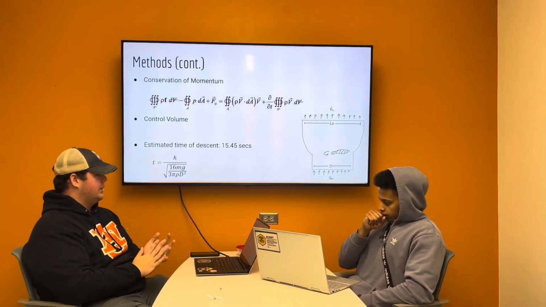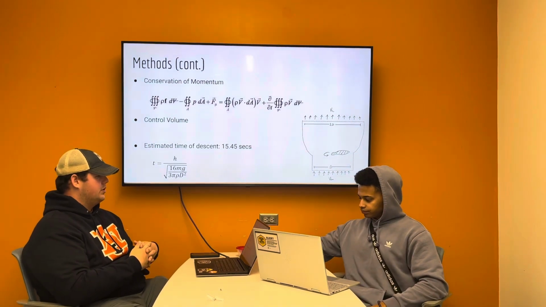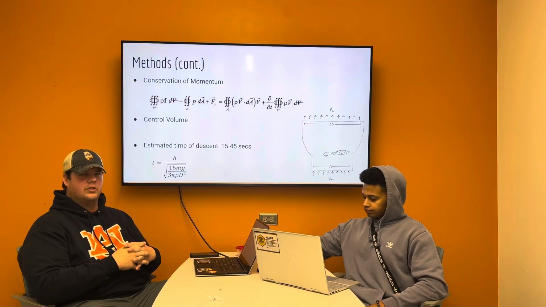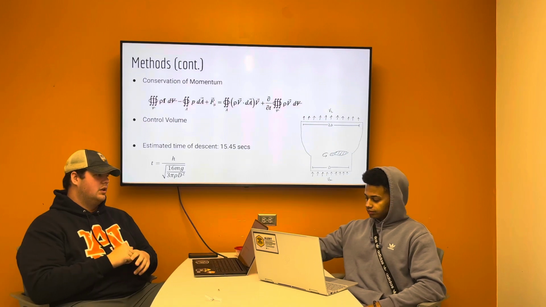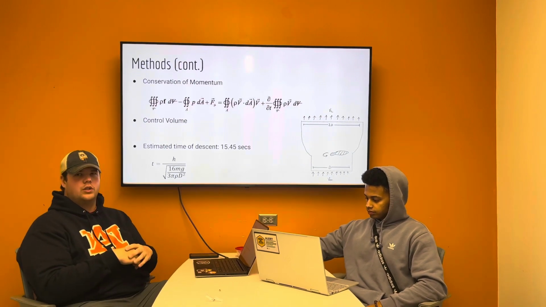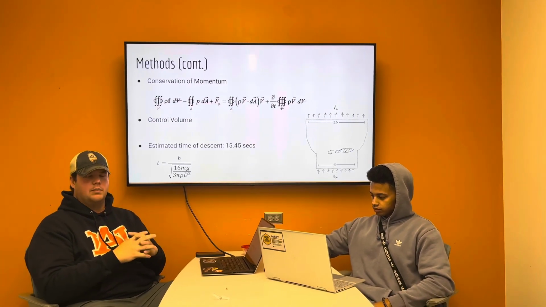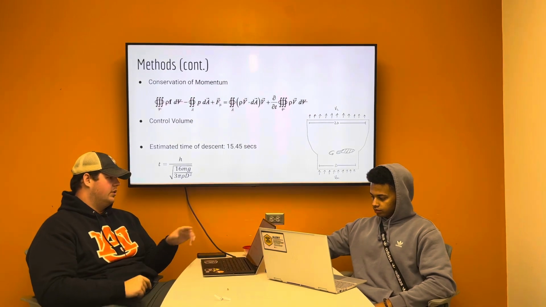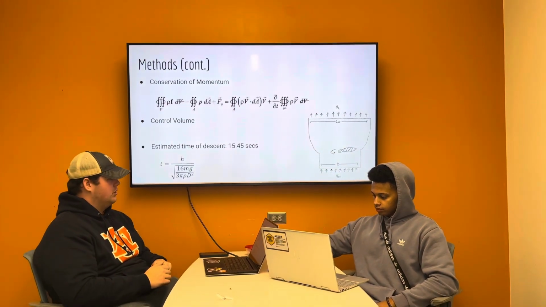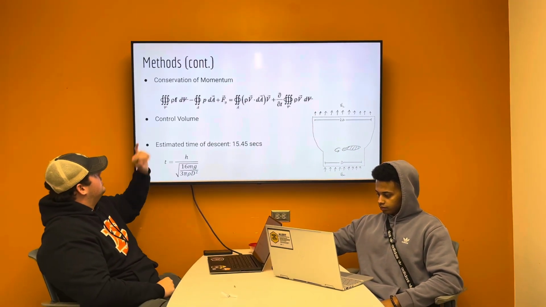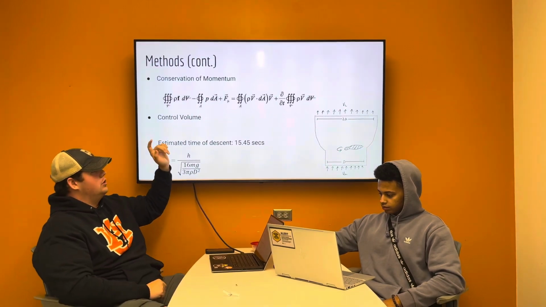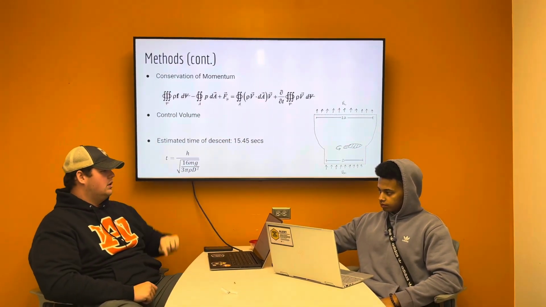Continuing with our methods, we also used the conservation of momentum integral equation to create an equation for the estimated time of descent. In the conservation of momentum integral equation, we assumed there were no body forces. We also assumed it was steady state.